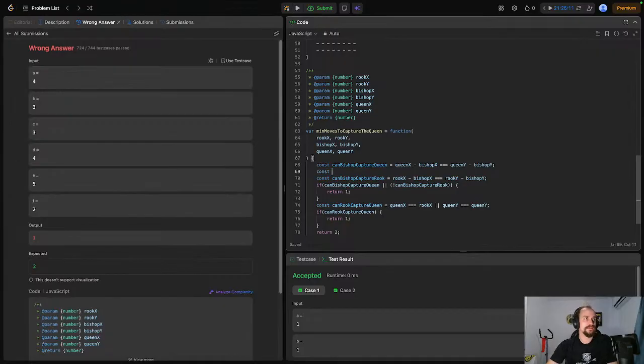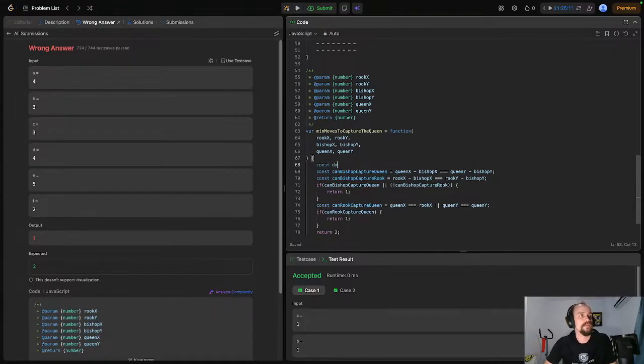And then we're gonna say const queen distance. It's a little complicated, I guess, because we gotta see if the queen is in the same direction. Okay.